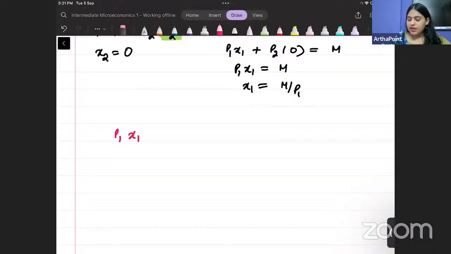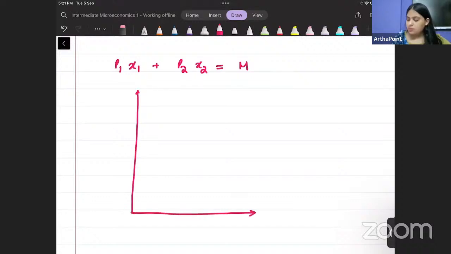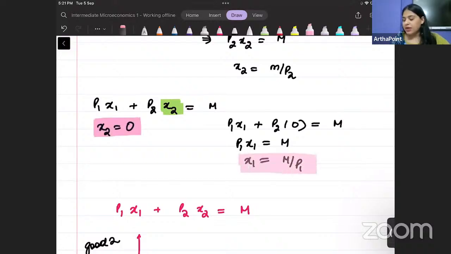Now, just come back to the budget line. So beta, you get P1 x1 plus P2 x2 is equal to M. This is my budget line. If I were to plot this, what can I do? I can take good 1 here. I can take good 2 here. And now I can just plot. So any point on the x-axis, beta, represents that good 2 is 0. So when I plugged in good 2 as 0, what intercept did I get? M by P1.